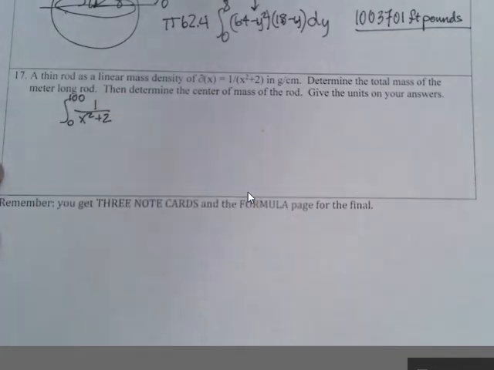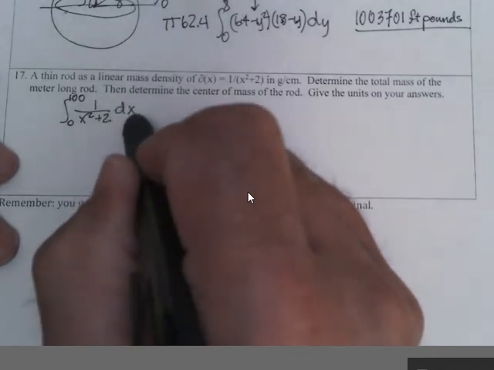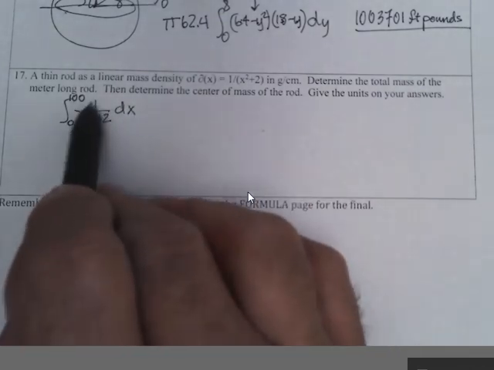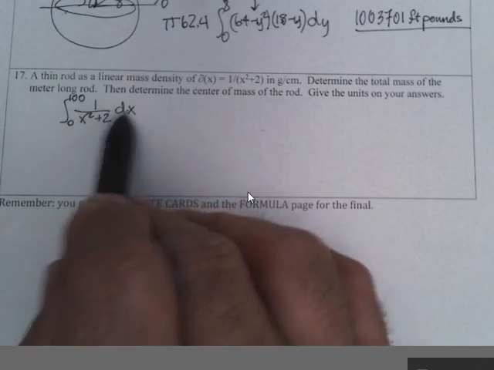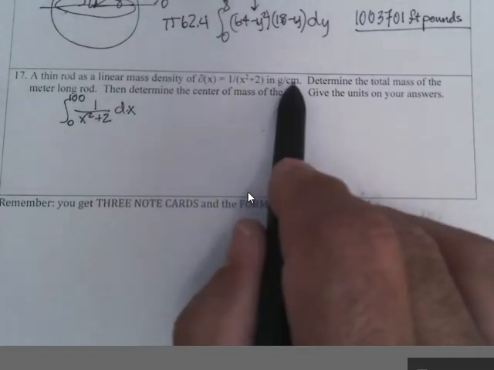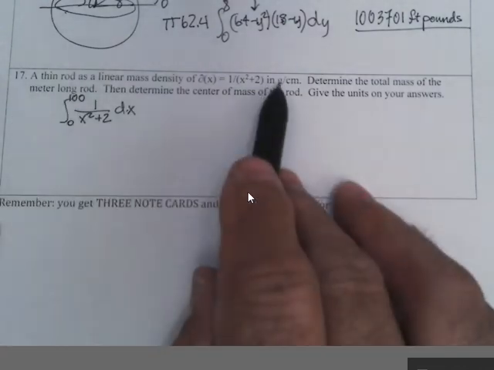I think I meant that to be x squared plus 1. All right, well, I did 2, so I'm going to have to do that dx. And so I'm just integrating the density dx for the length of the rod in centimeters, and I'm going to get grams for my answer.